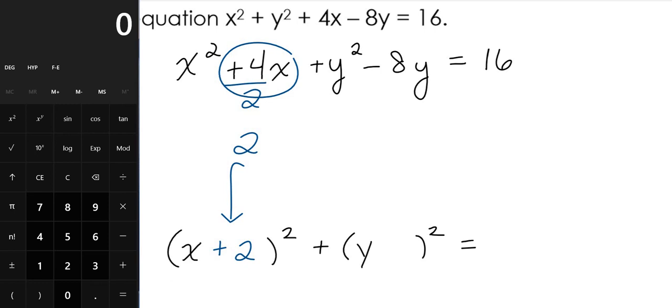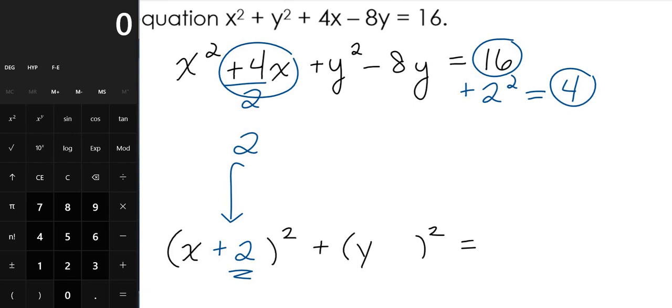Now, that same number that you just threw into the parentheses, you're going to bring to the right-hand side where the 16 is, and you're going to square it. So that 2, I want you to square it, which you get is positive 4. You're going to end up adding this to the 16. So right now you have 16 and you have 4. They're going to get added together. That's just with the x's.